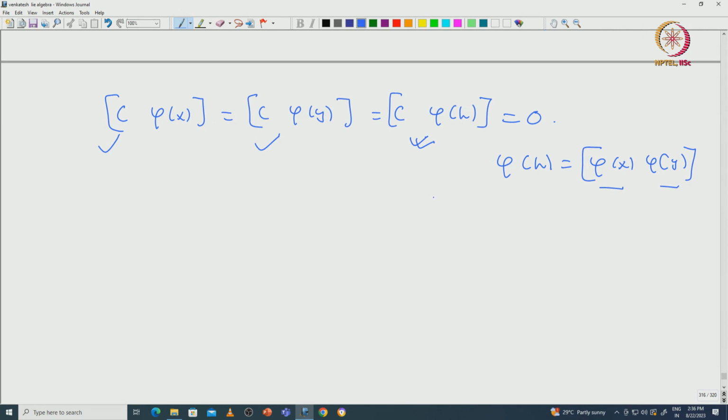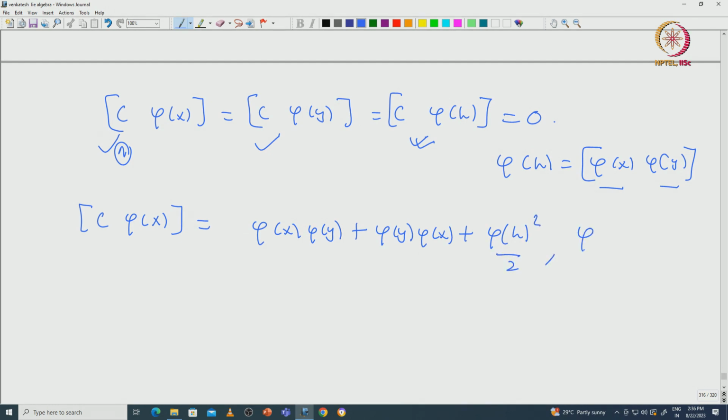So, let us try to prove this. I will verify only the first one. Let us take the bracket of C and phi x, compute it, and see explicitly that this is 0. We can start ignoring phi if you want, but anyway I will write it. So, phi x phi y plus phi y phi x plus phi of h square by 2, comma phi x.